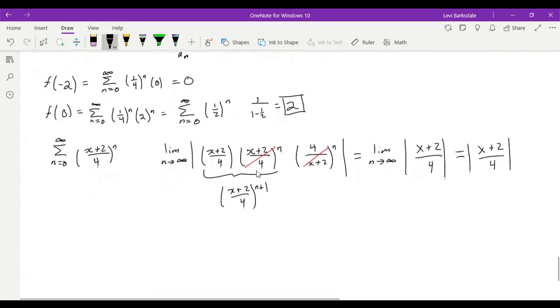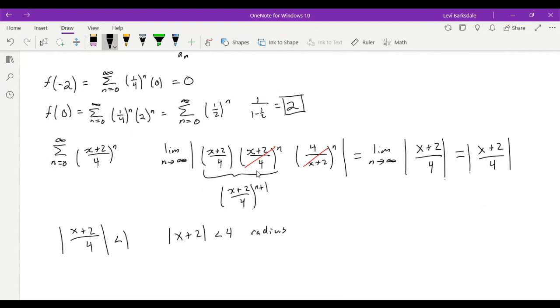Well, I know that my series will converge as long as this x plus 2 over 4 is smaller than 1. If I multiply both sides by 4, that tells me that x plus 2 has to be smaller than 4. And this 4 right here is actually my radius of convergence.